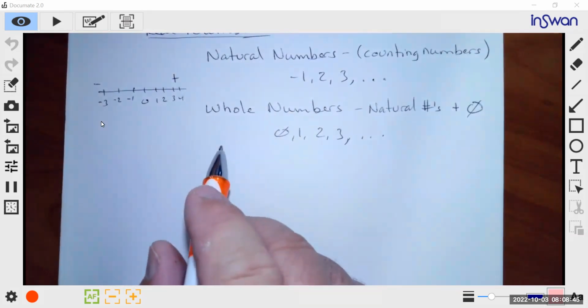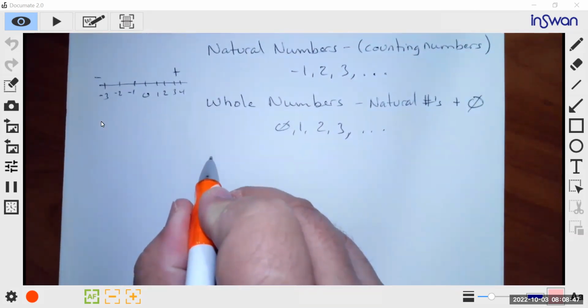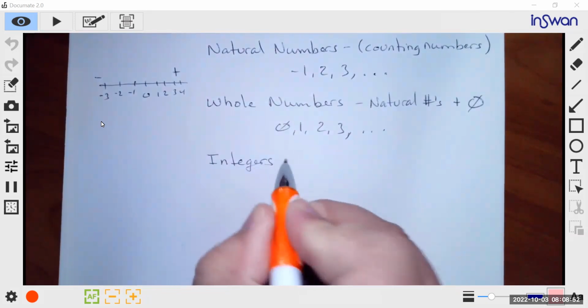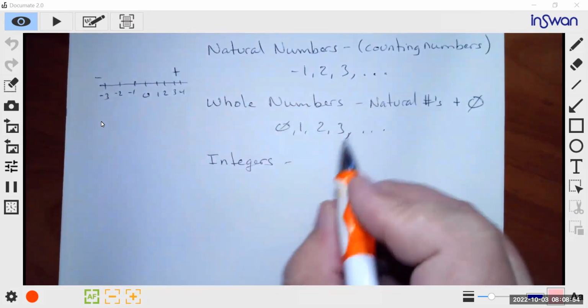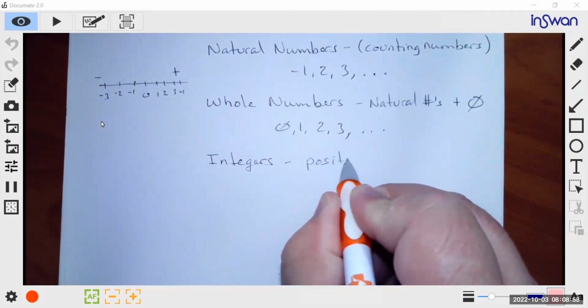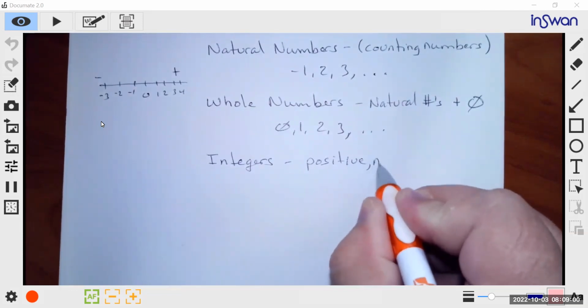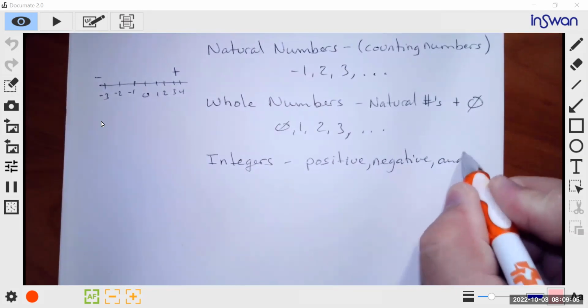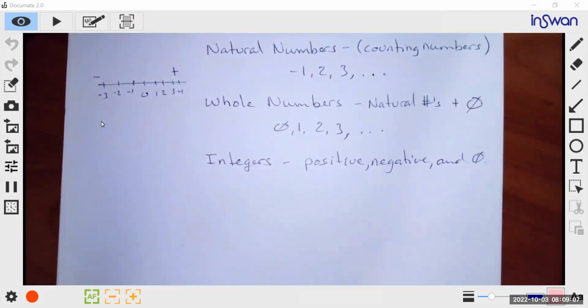Once we introduce the negative numbers, we now have the number system called the integers: positive, negative, and 0.